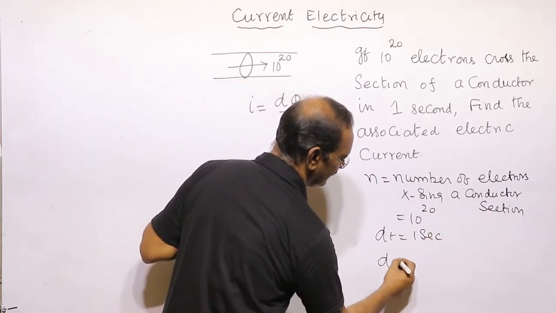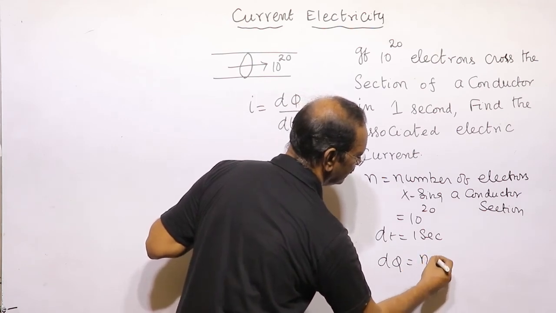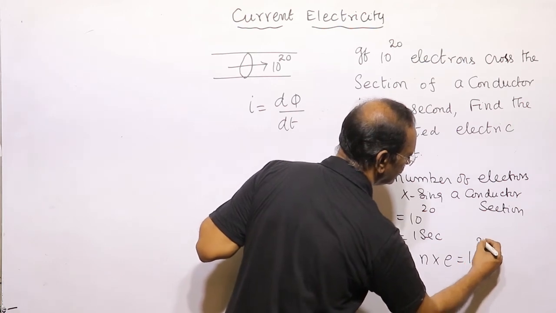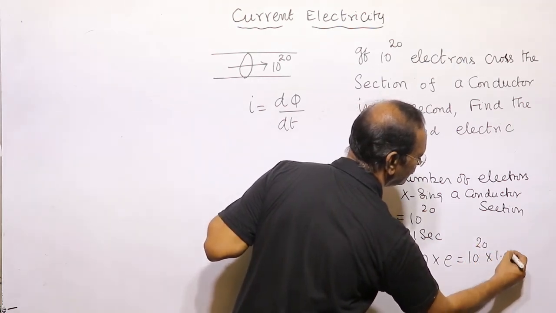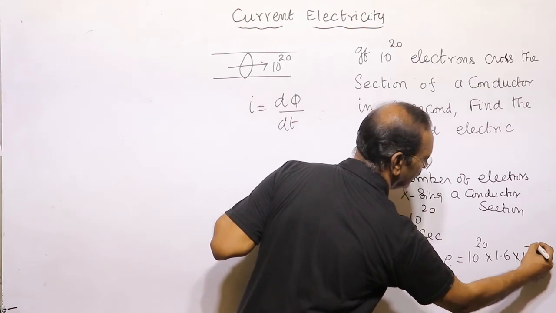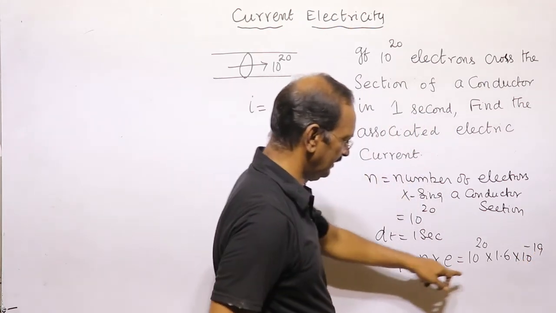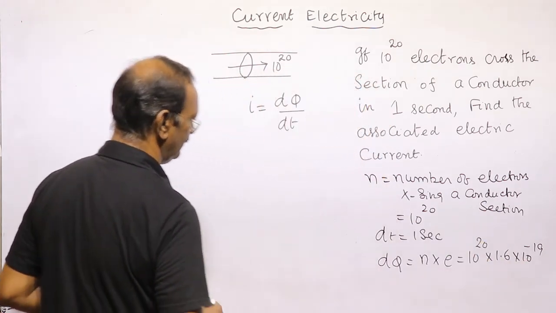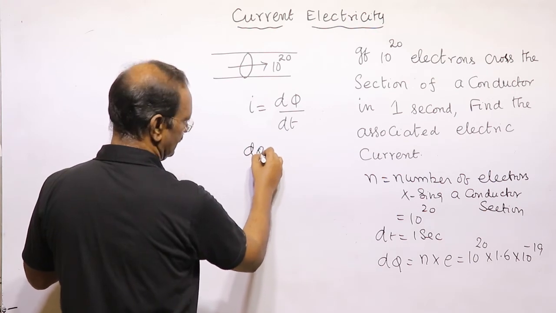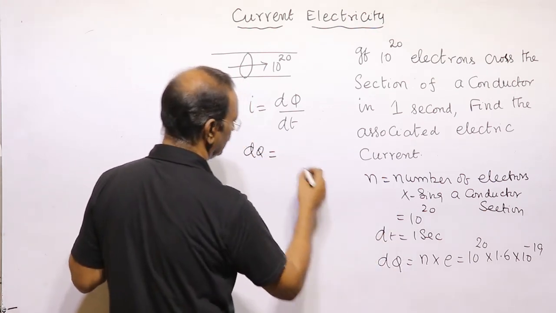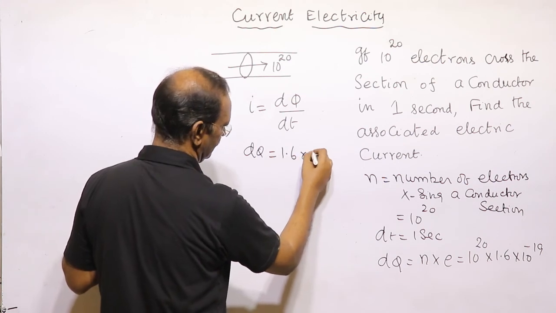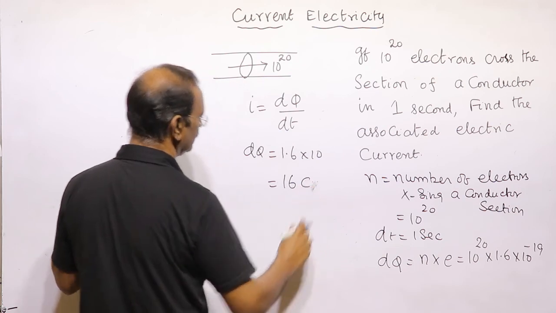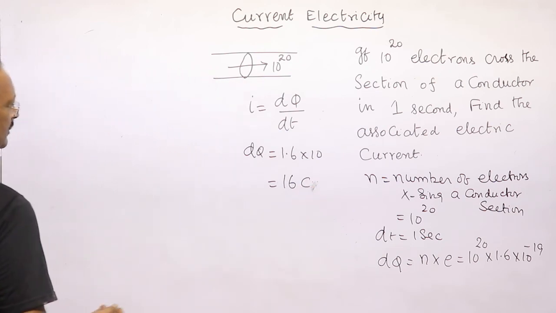Charge is equal to number of electrons into charge of 1 electron, which is 10 to the power 20 into 1.6 into 10 to the power minus 19 coulomb. So dq is equal to 16 coulomb.